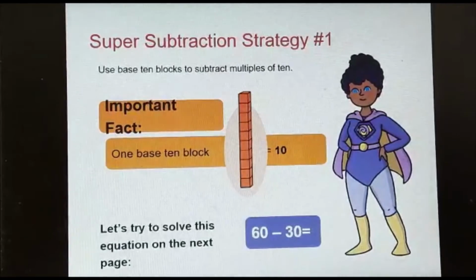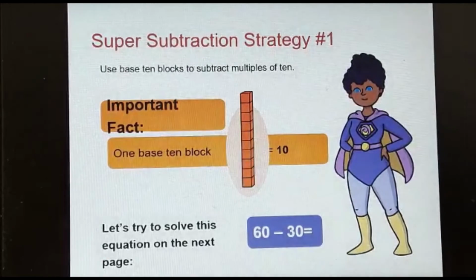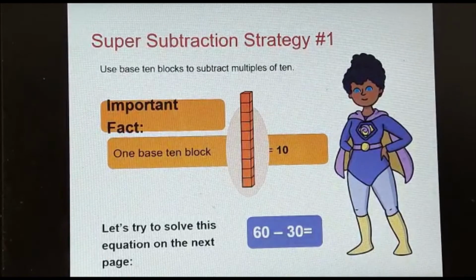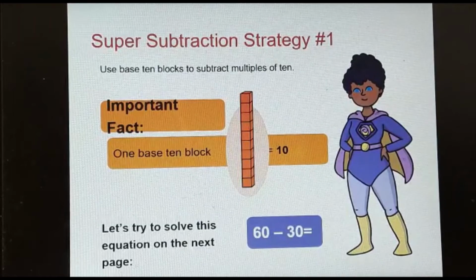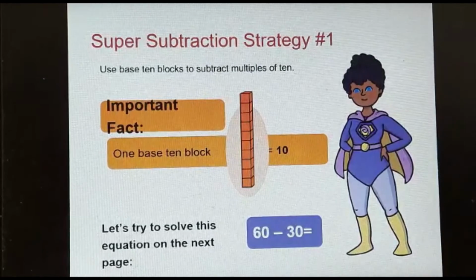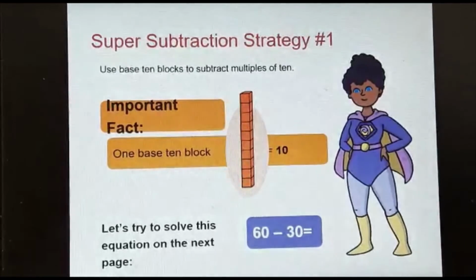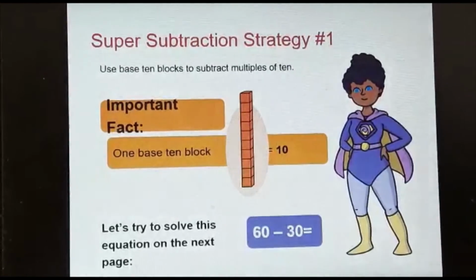Now, according to what we have taught them in the previous slide, we will be asking them to solve the sum here, which is 60 minus 30, on their pages. Or we can ask them to solve it on the whiteboard. So the first strategy will be base 10 blocks.